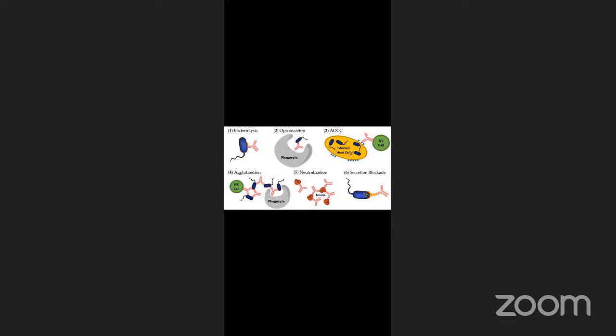The bacterial evasion is secretion of proteases that cleave the secretory immunoglobulin A dimer.